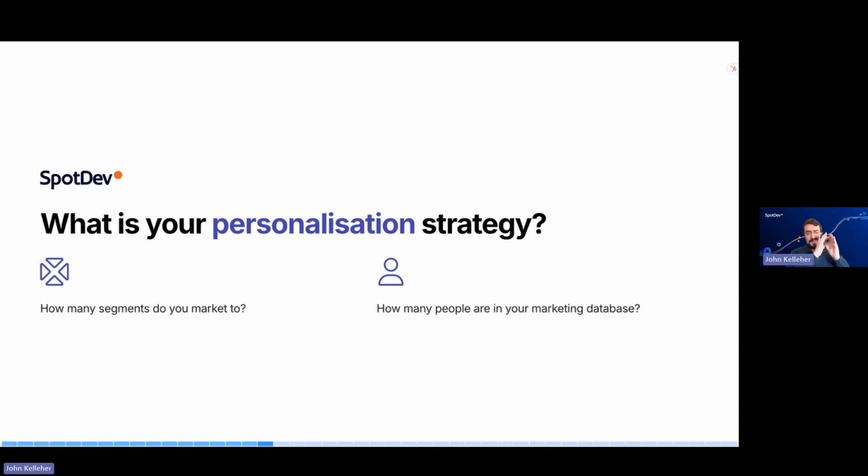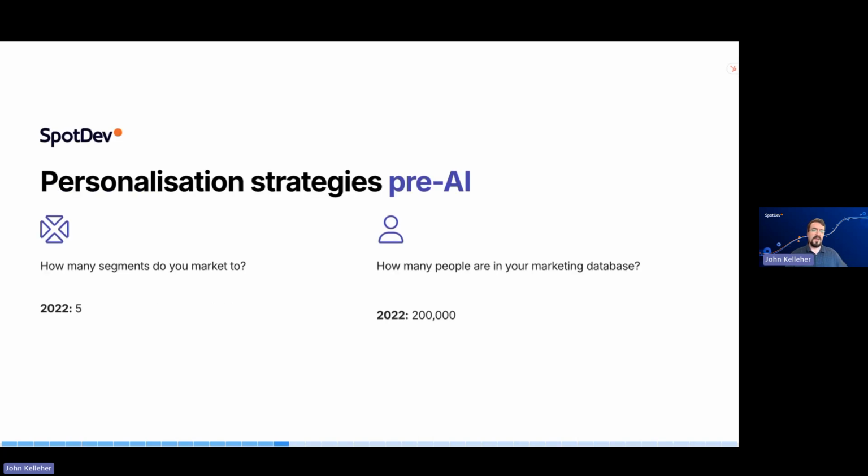By segment, I mean a target portion of your contact database, specific profiles, maybe a persona, maybe an ICP. So you might have had 5 segments and a marketing database of 200,000.